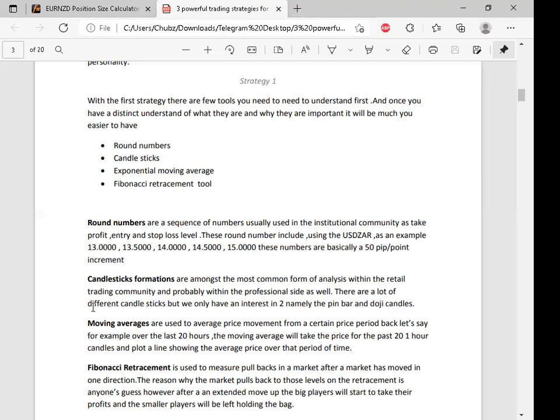Now, candlestick formation. This is probably the most common form of analysis within the retail community, and within the professional side as well, because a lot of firms that previously used just fundamental analysis are really experimenting with or adopting technical analysis.